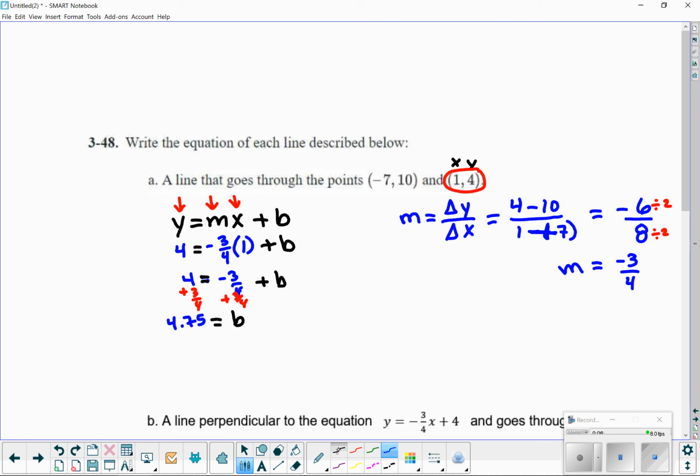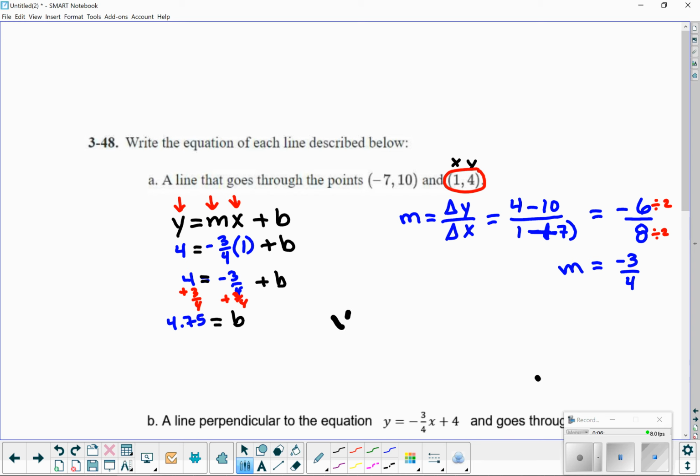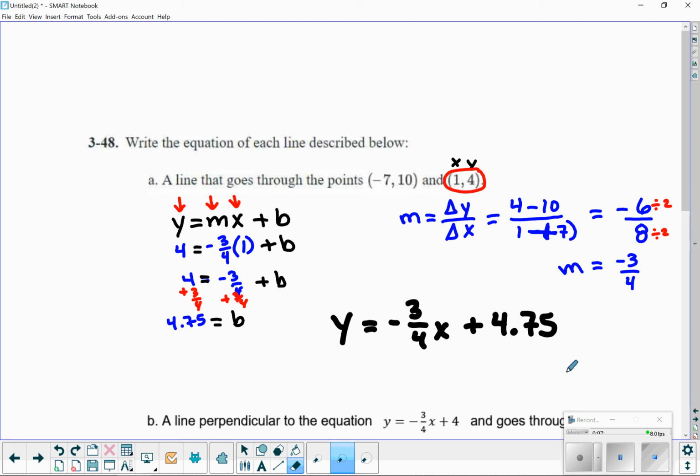So your equation or your line is going to end up being y equals the slope, negative 3/4. Sorry, y equals mx plus b, so which means y equals negative 3/4 x plus your b, which happens to be 4.75. And yes, I know we are mixing fractions and decimals together. If you want to stick to fractions or you want to stick to decimals, right?